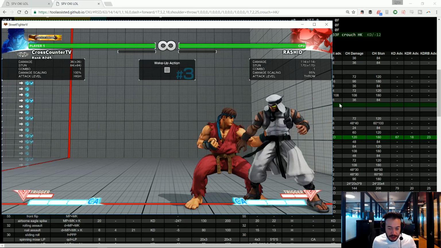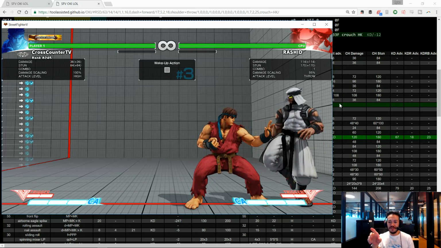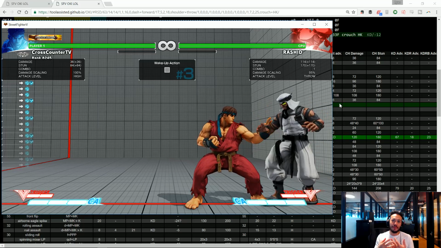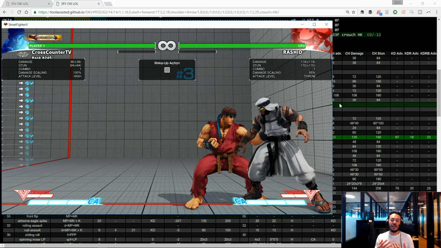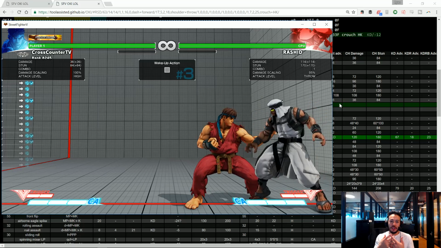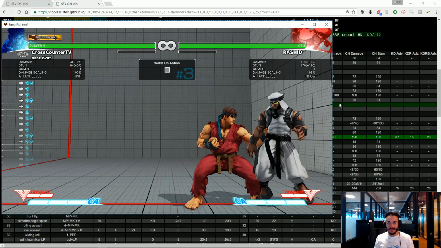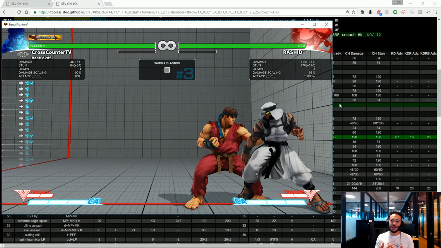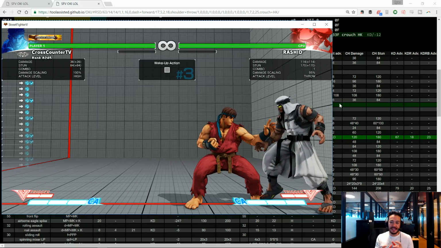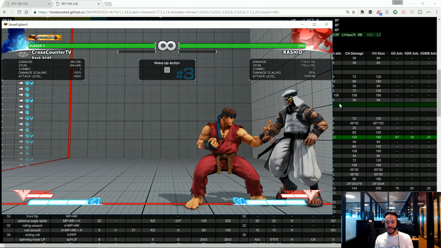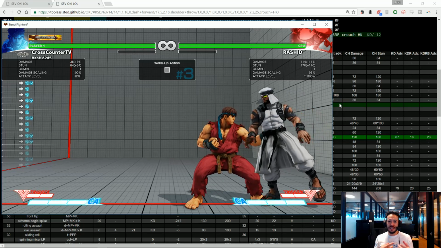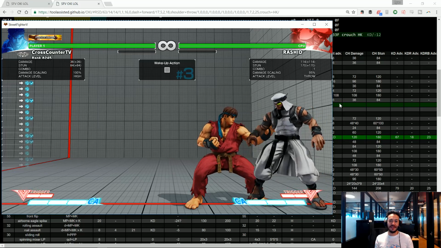Yeah. So the more that you can get into the habit of first identifying by watching your replays what you're losing to, and then using tools like the tool assisted Oki calculator to learn more about what's going on in that situation, and then recreating it in training mode, the easier it'll be to patch the holes in your game.